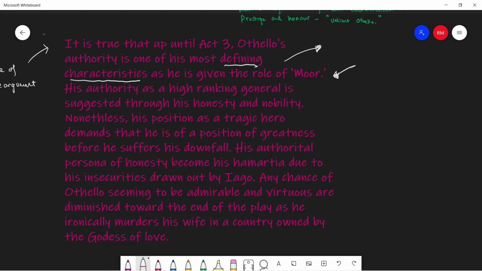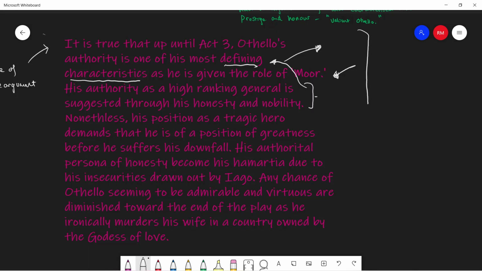Obviously I'd have to alter this next bit, but here I've explained it to make it a little bit better for defining his characteristics. But anyway, his authority as a high-ranking general is suggested through his honesty and nobility.